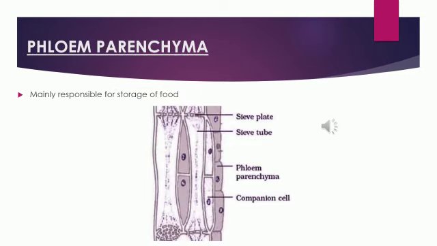Next is phloem parenchyma. These are mainly responsible for the storage of food. Whatever food is synthesized, it is stored in phloem parenchyma. You can notice in the picture where exactly the phloem parenchyma is located.